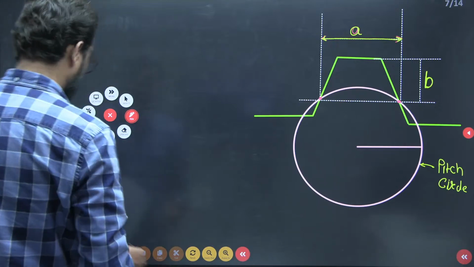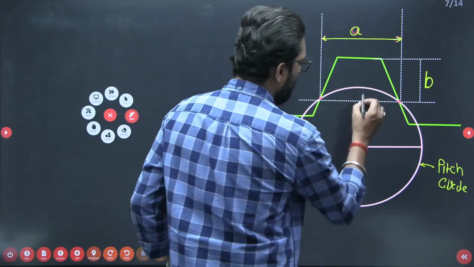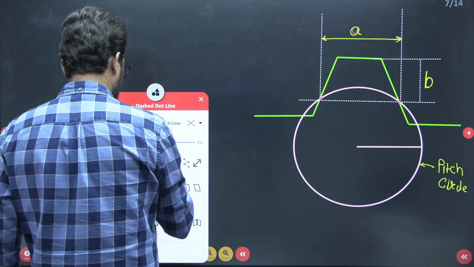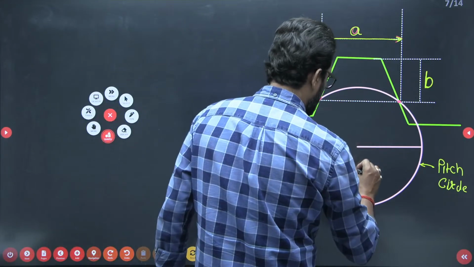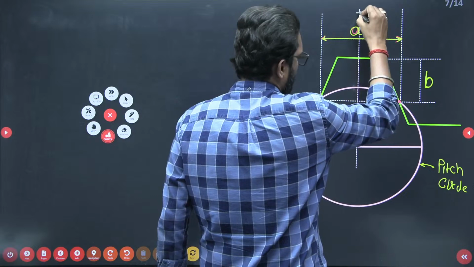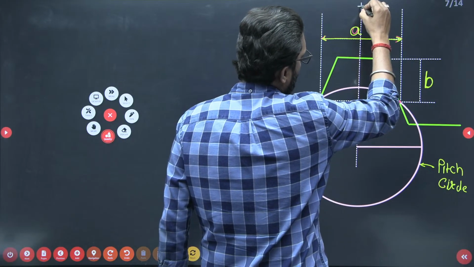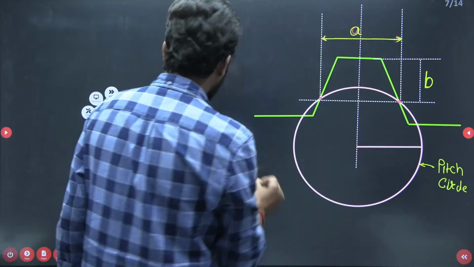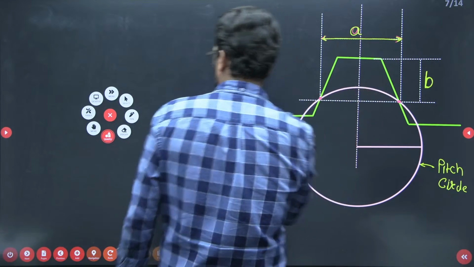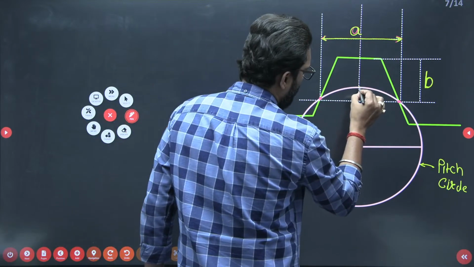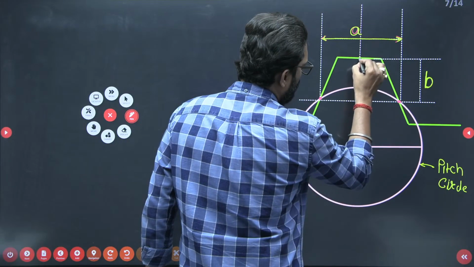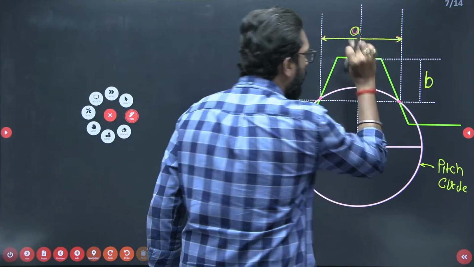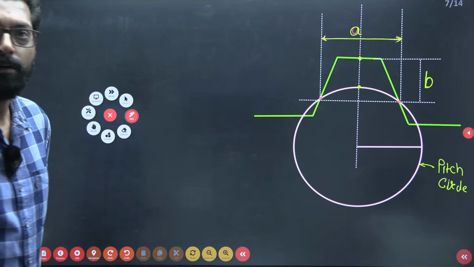Now, my dear, from this pitch circle, if you draw the line from here to here, good. Now see, from the pitch circle to the top of the teeth, what is this distance? It is your addendum.